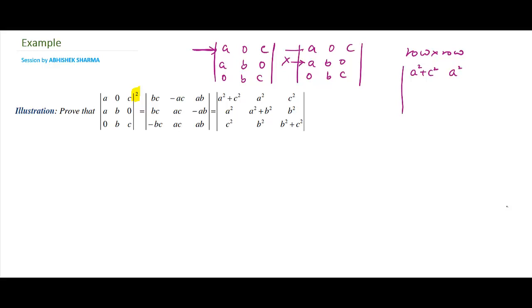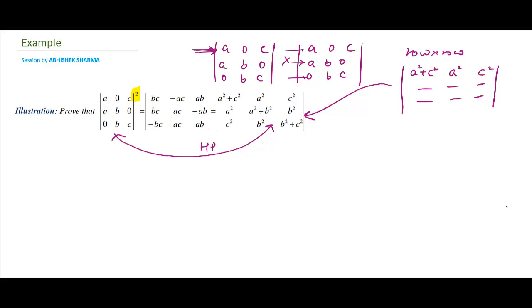And if I multiply the first row with the third row, I get 0 plus 0 plus c square, so that is c square. Similarly you can complete this product and observe that this determinant is equal to this expression. So we have already proved these two. Now this was direct, we complete the proof of this, so hence proved, right?